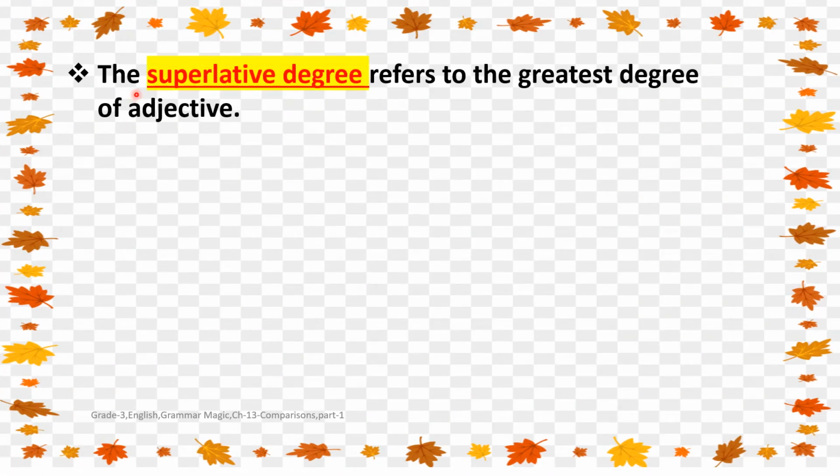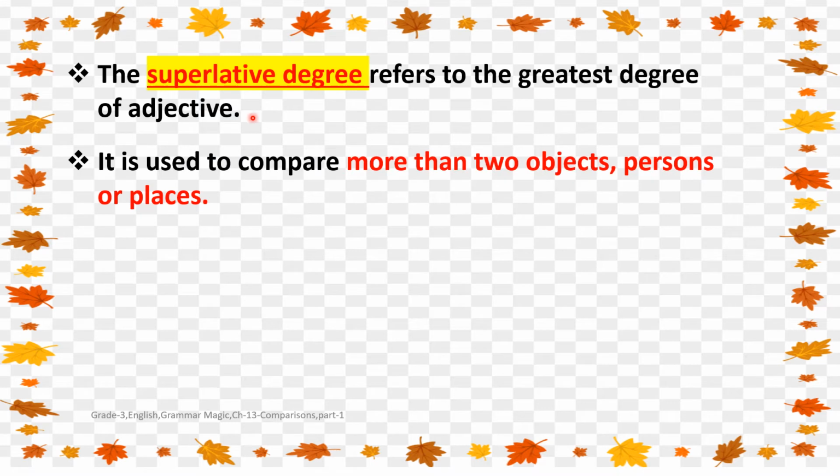Now next one, the superlative degree refers to the greatest degree of adjective. So children, the word superlative itself says that something is very superior, means something is much greater than all other things. So it is said to be superlative or superior. It is used to compare more than two objects, persons or places.